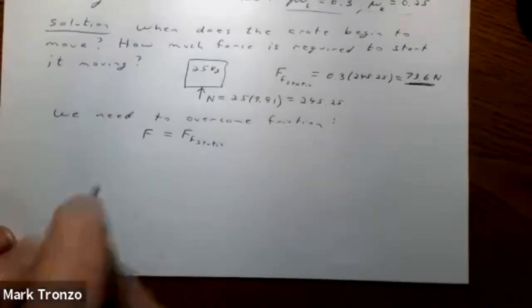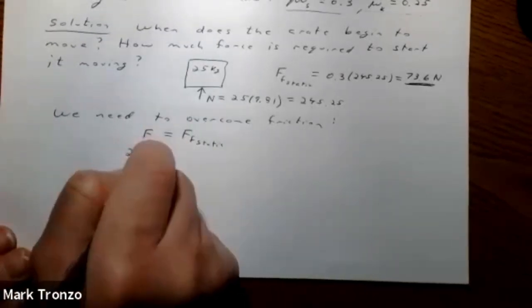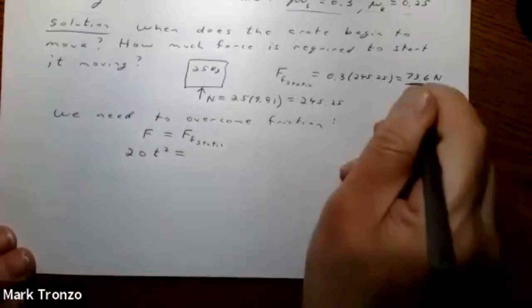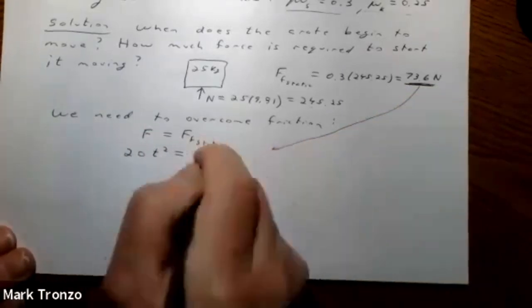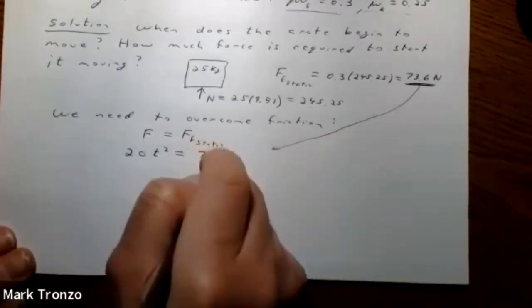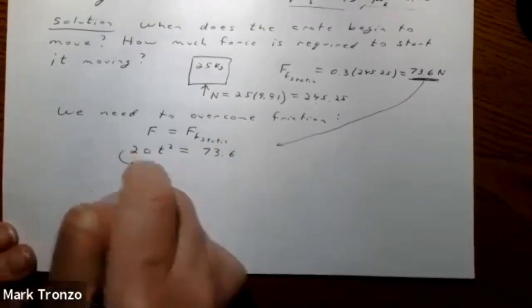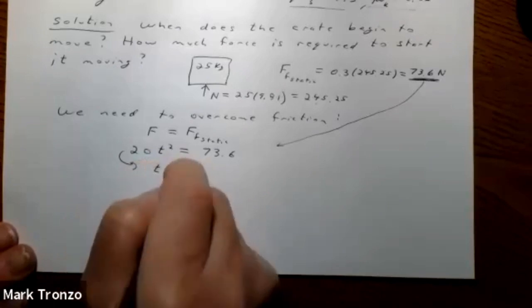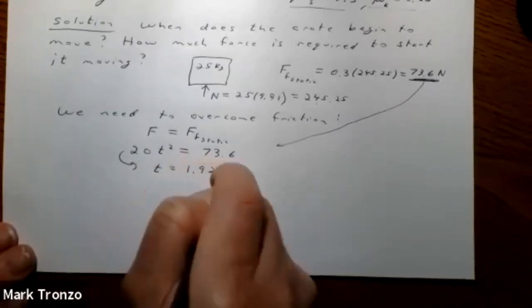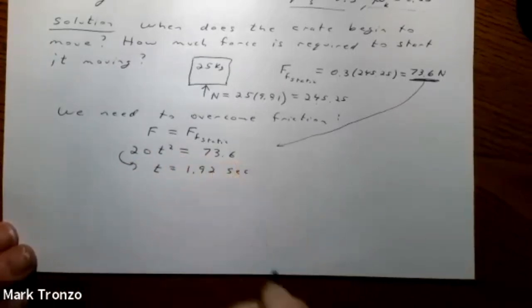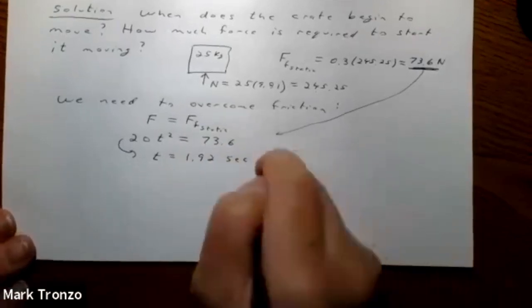The force from the motor is 20t squared, and the friction force we got up here was 73.6. If we solve that for t, it gives us around 1.92 seconds. The crate will begin to move.